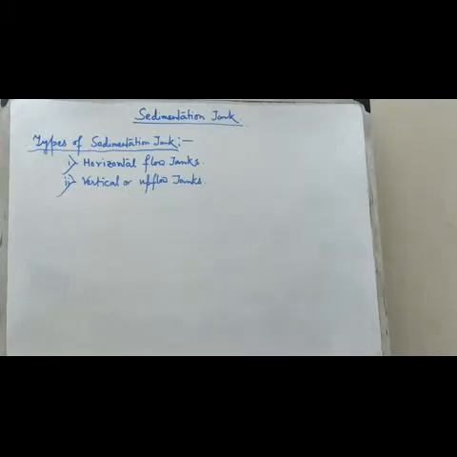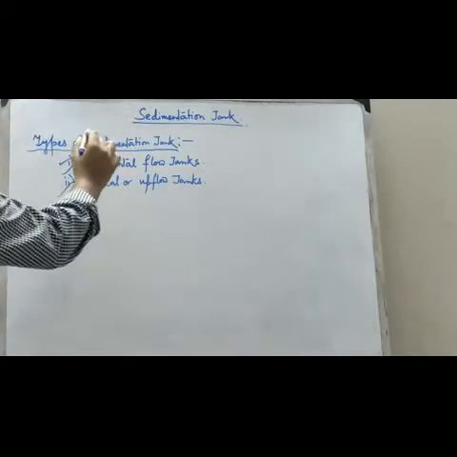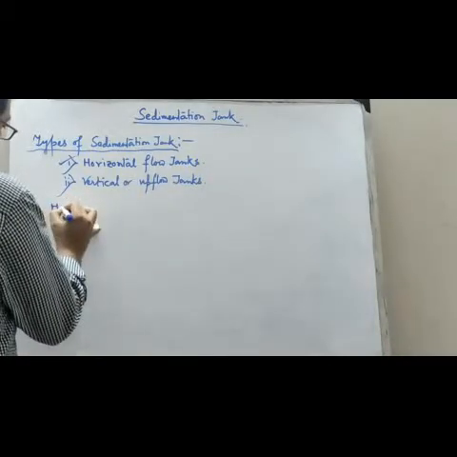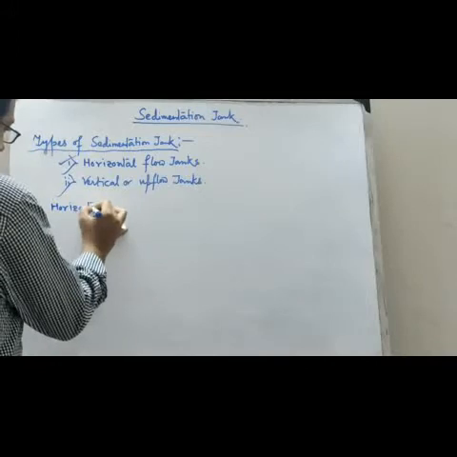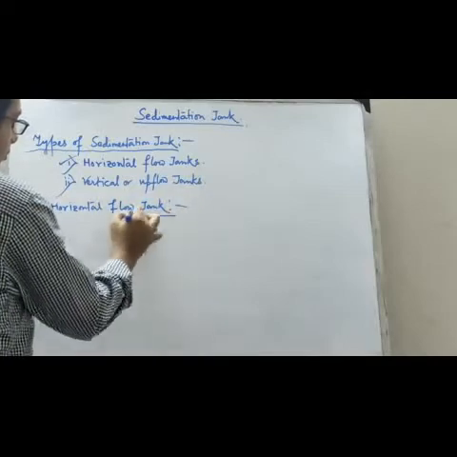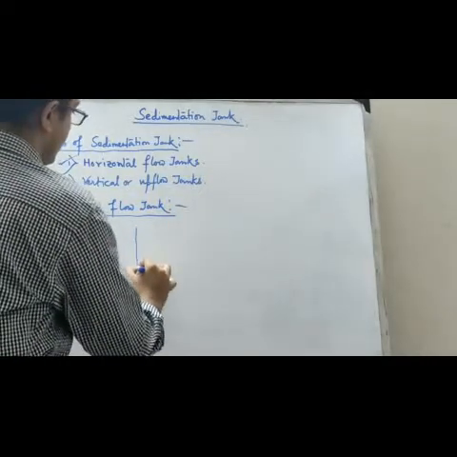In the design of horizontal flow tanks, our aim is to achieve, as nearly as possible, the ideal condition of equal velocity at all points lying on each vertical line in the settling zone. So please write down horizontal flow tank. Suppose this is a sedimentation tank.